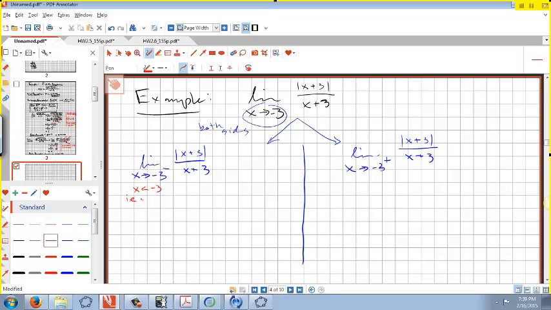If you're thinking x equal to a number that's less than negative 3, it's something like negative 3.001.